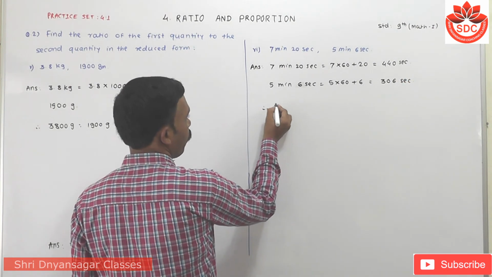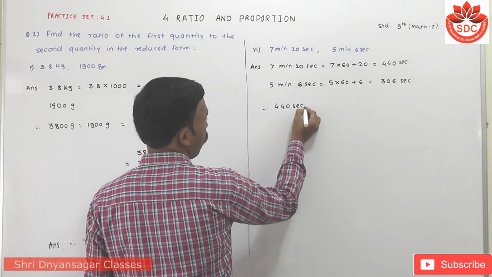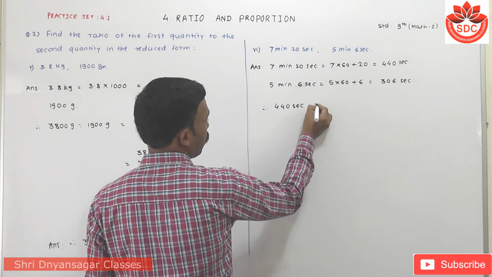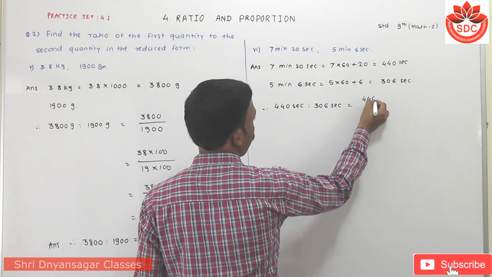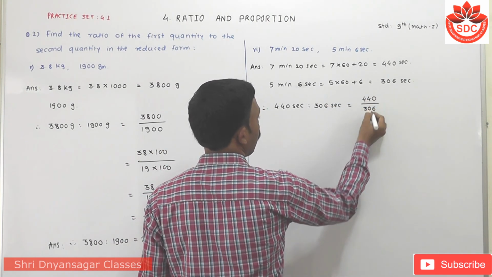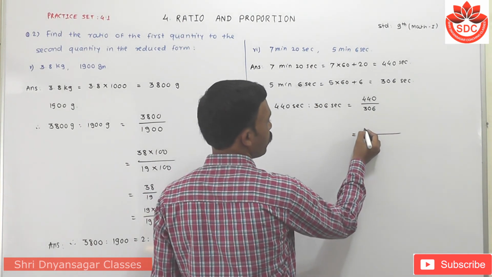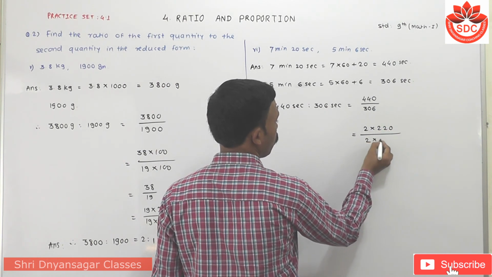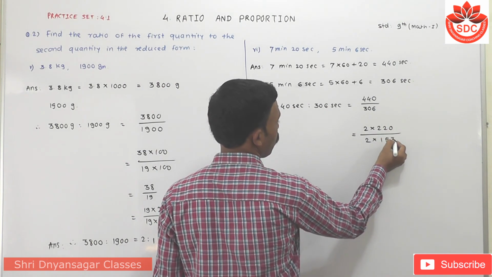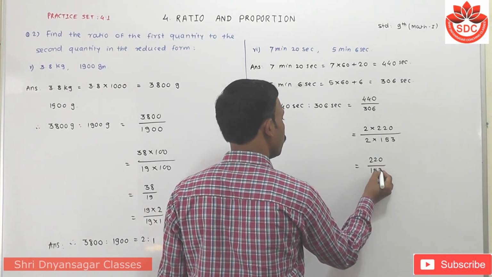Now student, then we have to find the first to the second, means 440 seconds to 306 seconds is equal to 440 upon 306. Then student, we can simplify by using 2: 2 2s are 4, 2 into 2 1s are 2, 5 2s are 10, 2 3s are 6, 2 gets cancelled, means 220 upon 153.